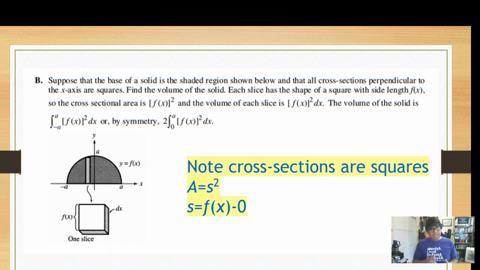I like to emphasize here that the side, or the length, or the footprint of that object that you're looking at, is always going to be a difference of two functions. Now, if one of those functions is the x-axis, then that's how we get the f of x minus 0.